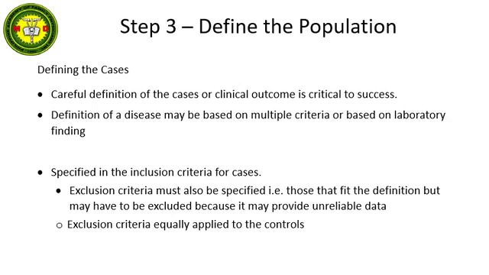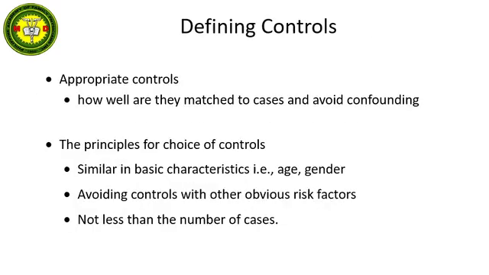The definition of the control would be just the opposite of the cases, meaning the absence of postpartum hemorrhage is if the estimated blood loss is less than 500 ml. And this definition is usually included in your inclusion and exclusion criteria. After defining the cases, now you're going to define the control.